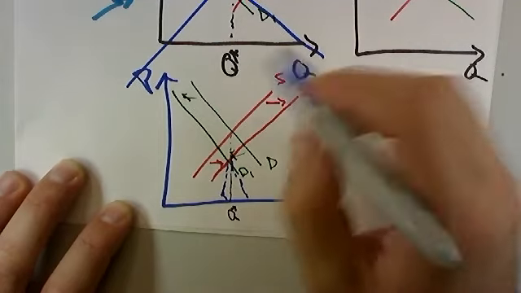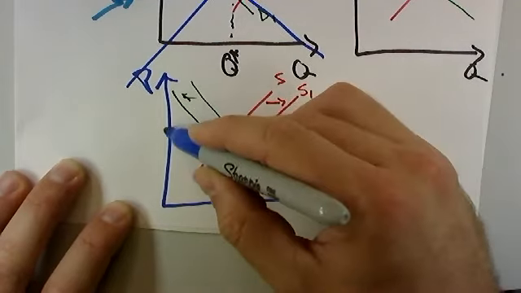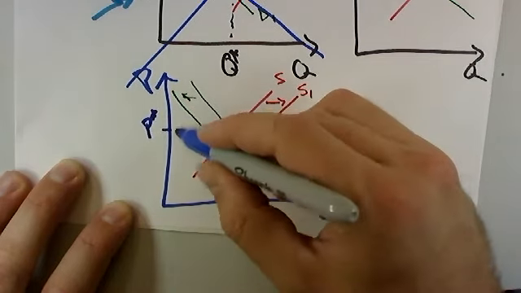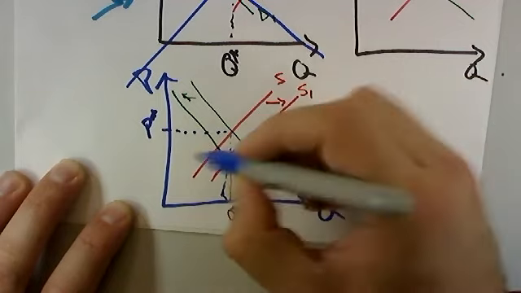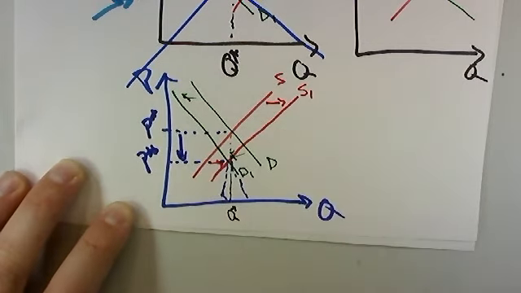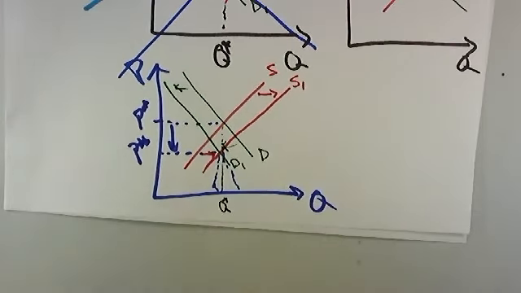And so I was right before. The only thing that we know when both of these shifts happen is that the price goes down. We don't know what's happening to the quantity. I was right. It was just not easy to see.